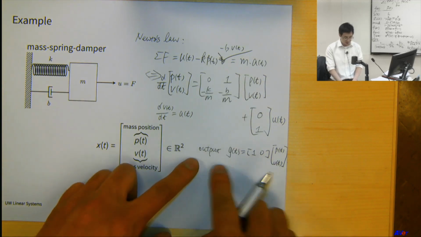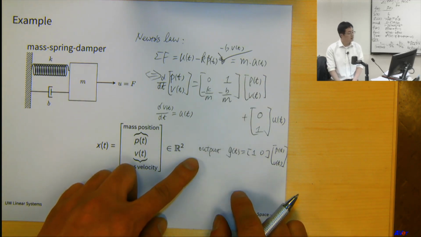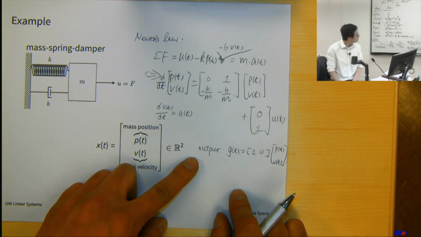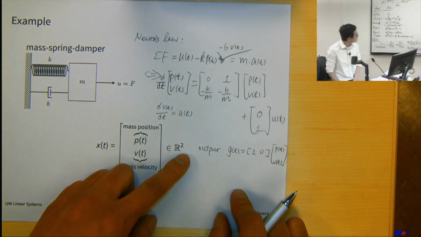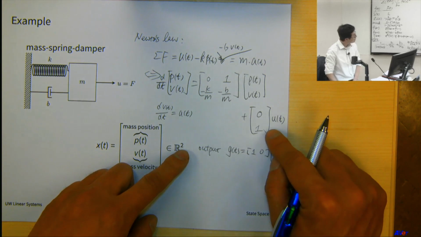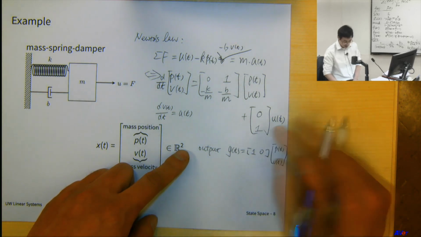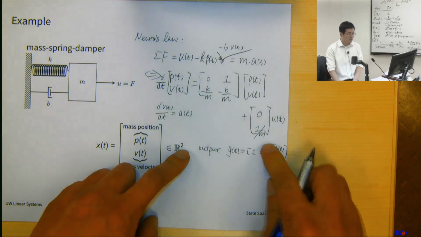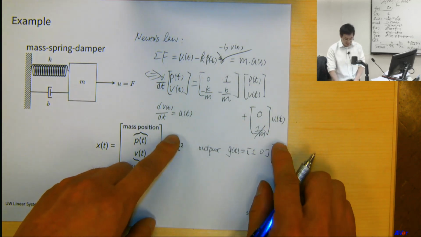So that's the output if it's position. Yes? Depends on 1 by m for the u of t. Say that again, please. For dv(t) by dt, it depends on 1 by m of u(t), right? 1 divided by m of u(t). Here? Yeah. Yes. Good catch.